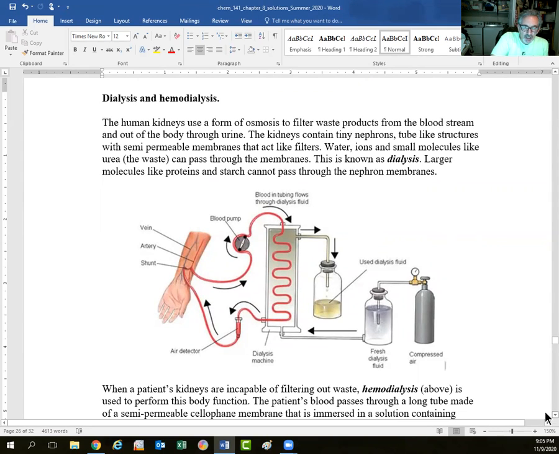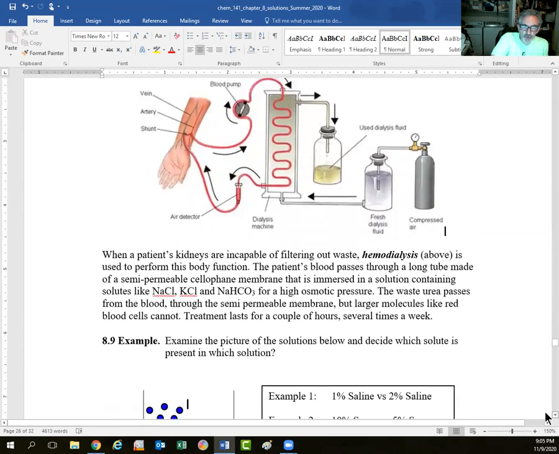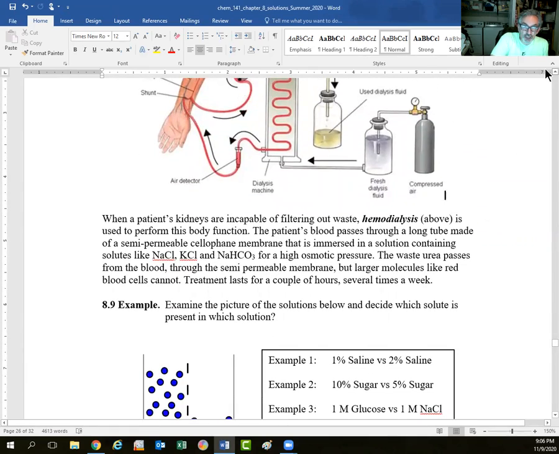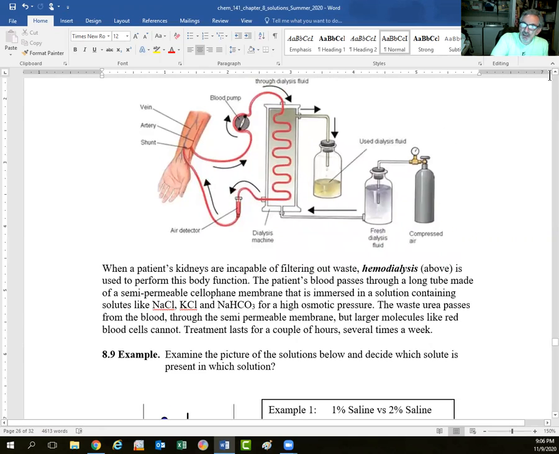And so we need to put the patient through a series of hemodialysis for a couple of hours, probably 2 or 3 times a week. The blood passes through the machine into this solution of solutes, which creates a large osmotic pressure, and it forces out waste material like urea into the solution, out of the body.